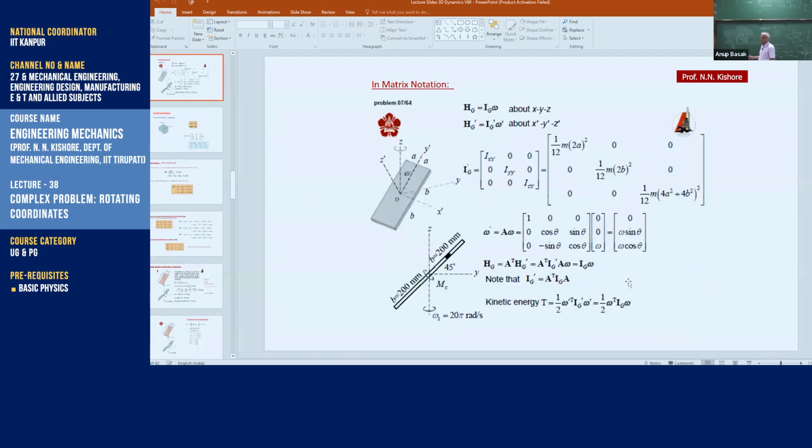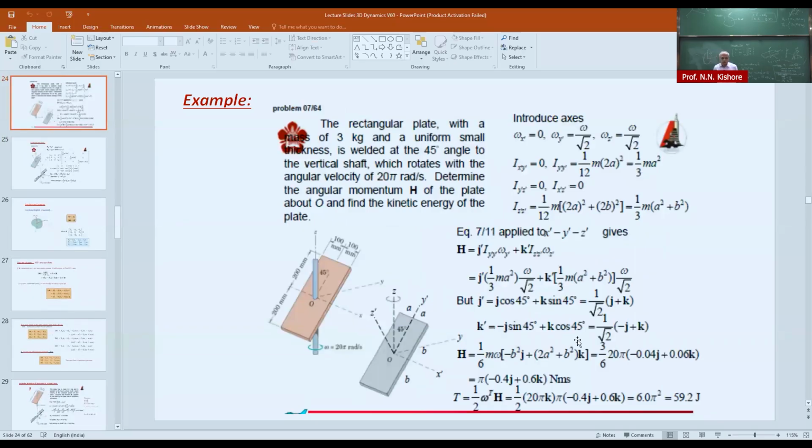So I'll just tell you about this one. This is a small problem. To start with, we will see this problem where we simply calculate the angular momentum. After this we will go for the derivative of the angular momentum. In this we have chosen a rectangular plate attached to the rod, but not exactly perpendicular to the rod; it is at an angle of 45 degrees.